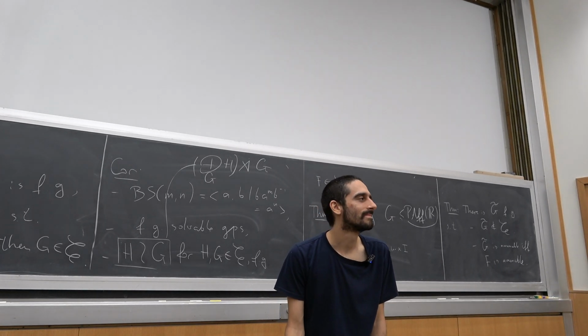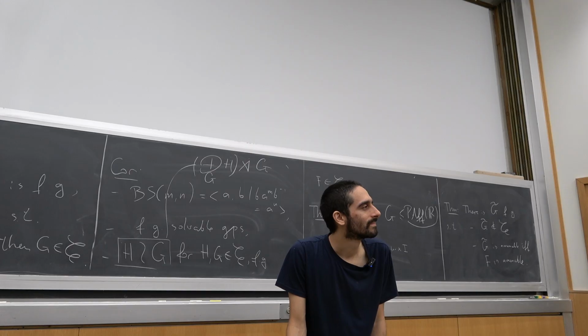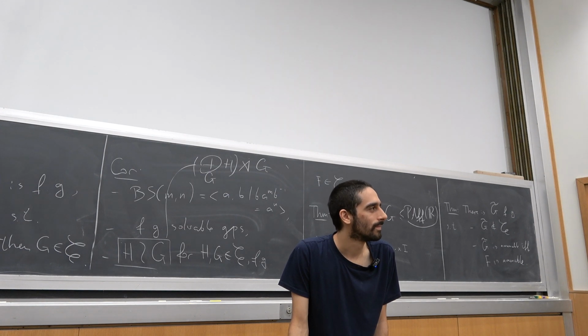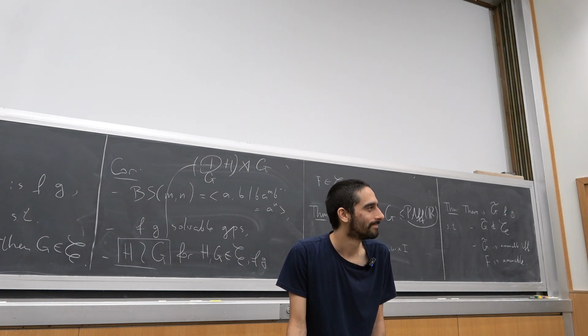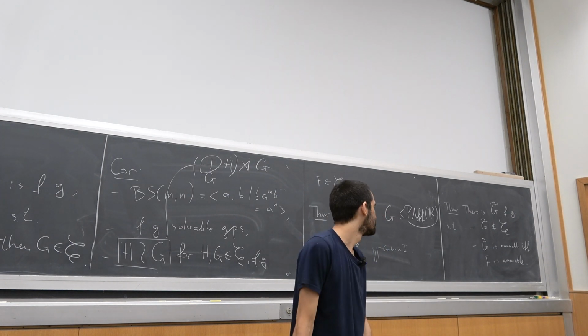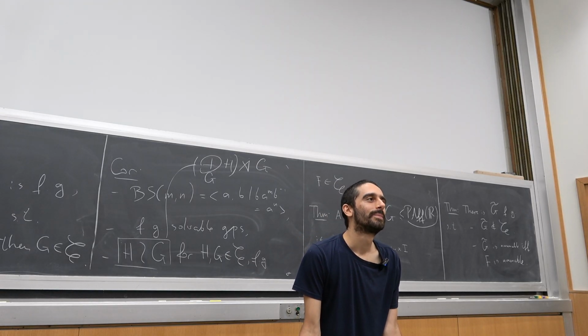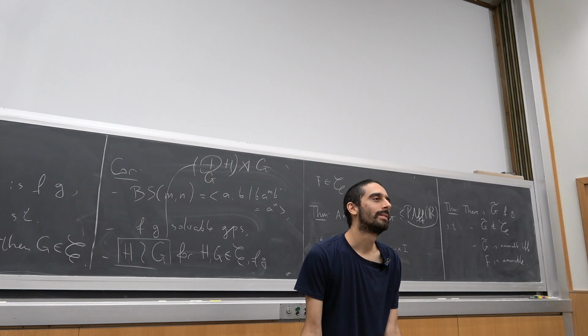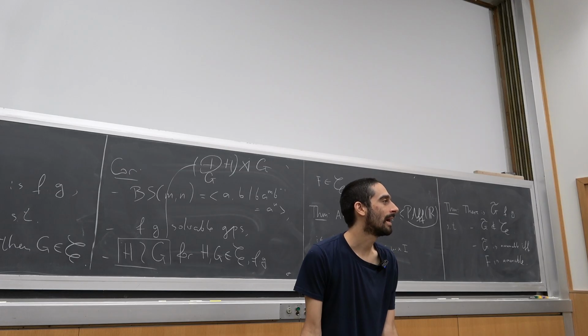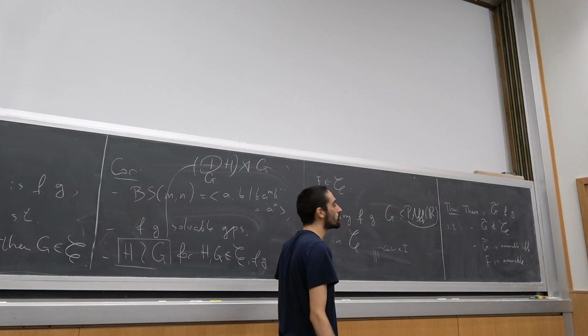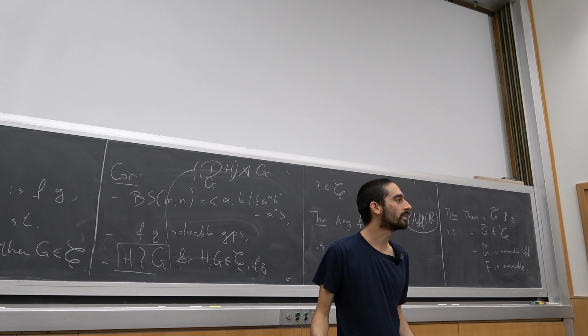Questions? If you don't insist on your actions being minimal, but you consider them up to semi-conjugacy, does anything change? No, it's all the same. Actually, it's not clear to me a priori that semi-conjugacy is a Borel thing inside actions, because conjugacy is given by a Polish group action.